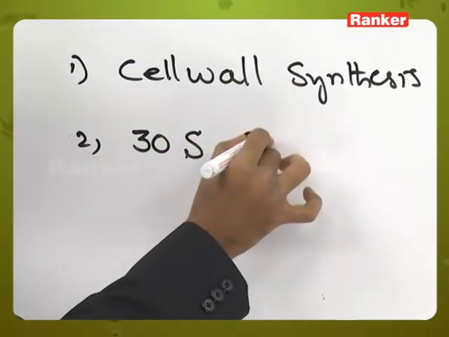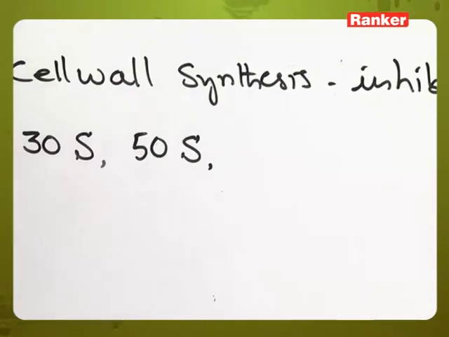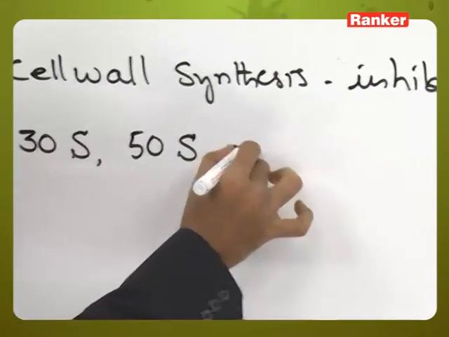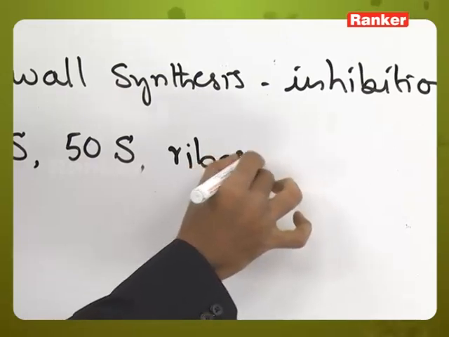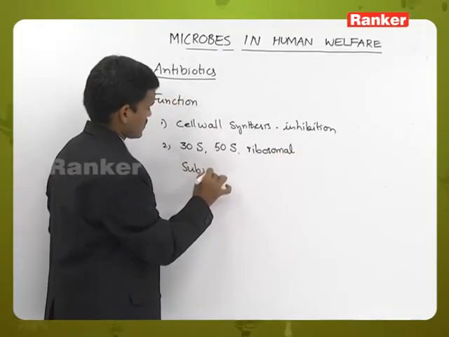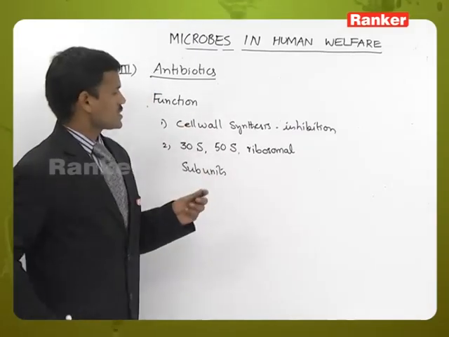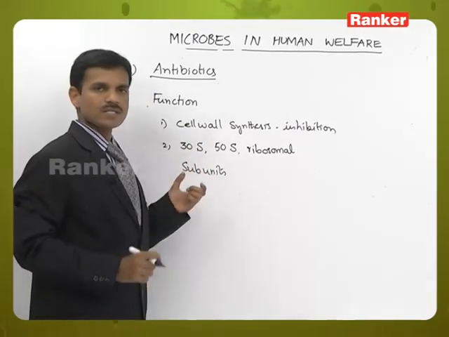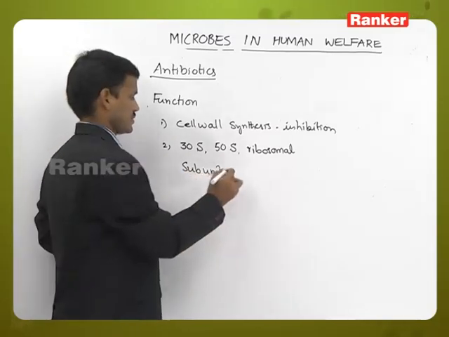The 30S and 50S ribosomal subunits synthesis is inhibited.